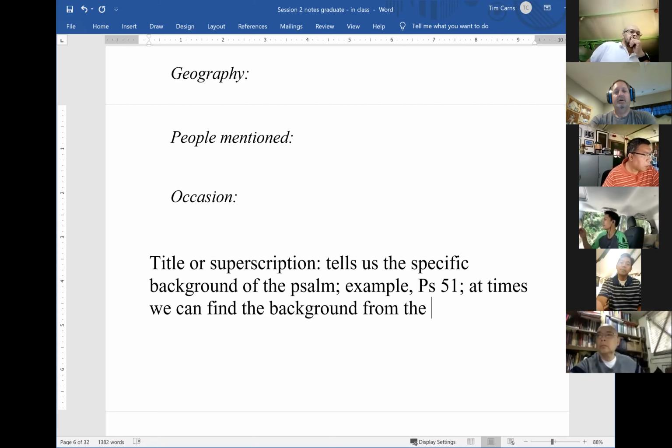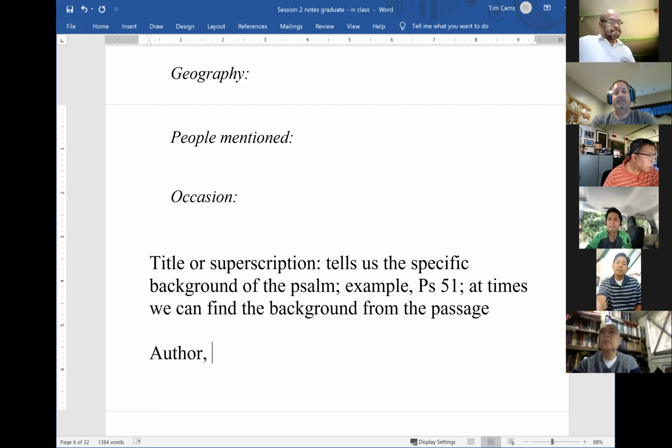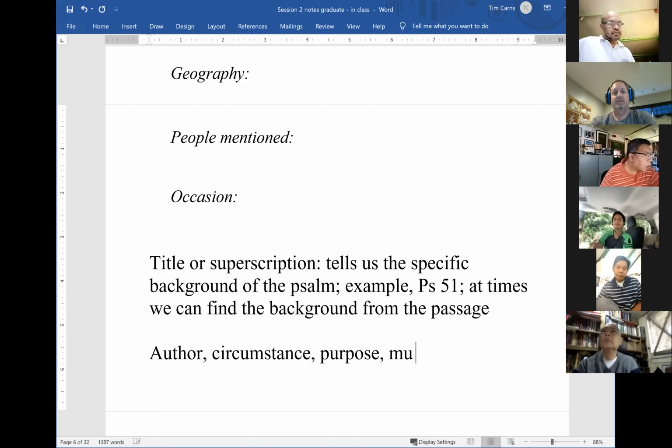Okay, exactly. Psalm 51 and 52 are perfect examples of that. Often in the title, we get the author. Sometimes we'll get the circumstance behind the psalm. Sometimes we will get the purpose of the psalm, like we looked at in Psalm 100. Sometimes we will get some musical instruction in the psalm.